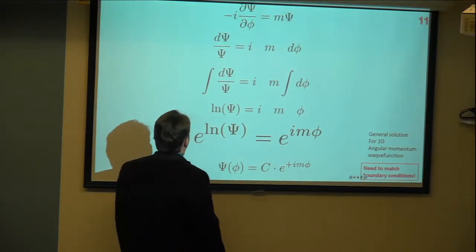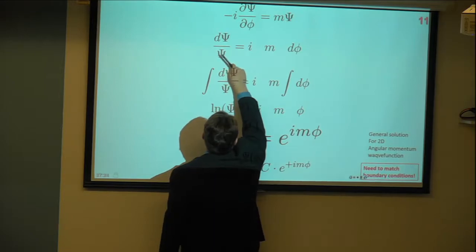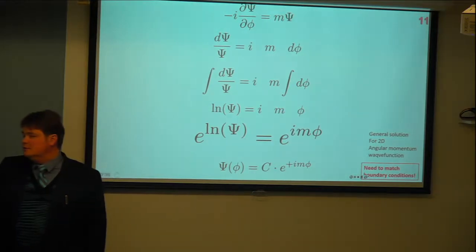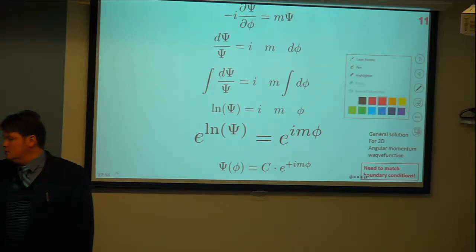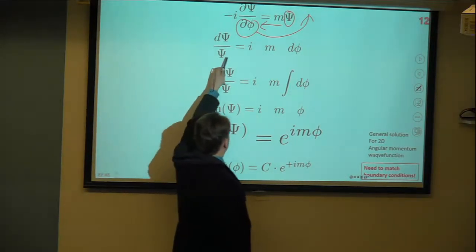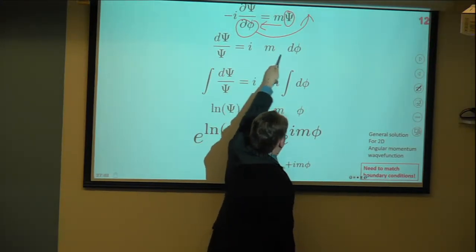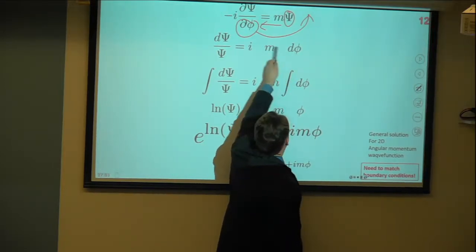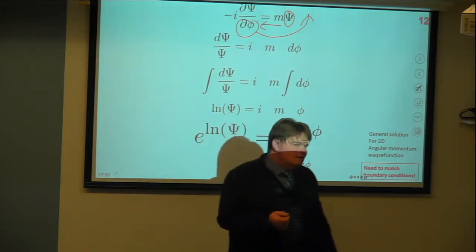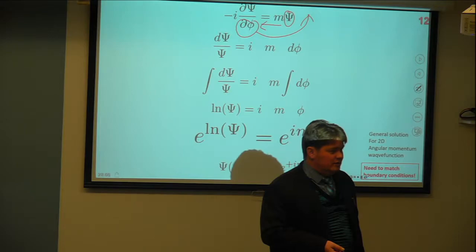We divide left and right by the unknown function, and divide and multiply left and right by the infinitesimal increment of the independent variable. Then the left part depends only on the unknown function, and the right depends only on the independent variable, right?